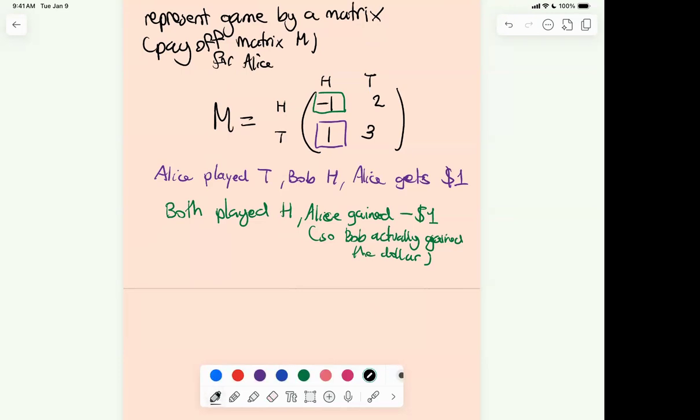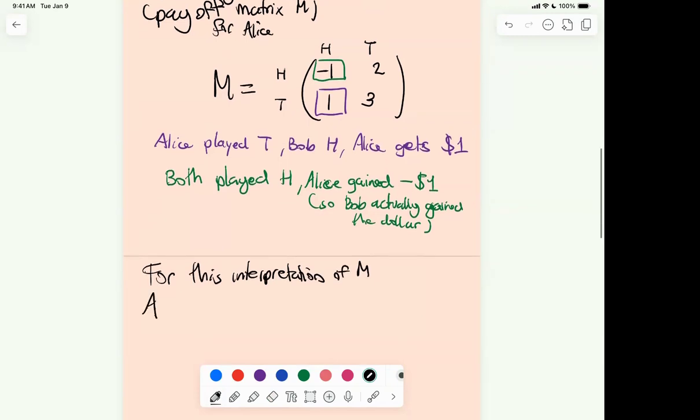So for this interpretation of M, Alice loves positive numbers, and the larger, the better, right? Because that means in that particular round she would have gained even more money. And Bob loves negative numbers.